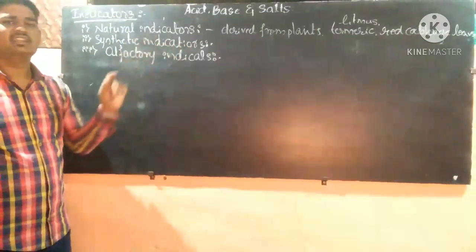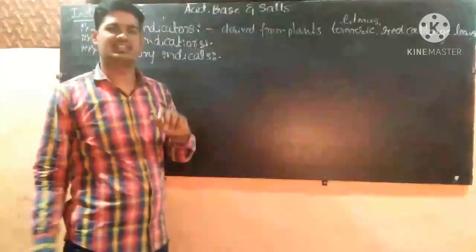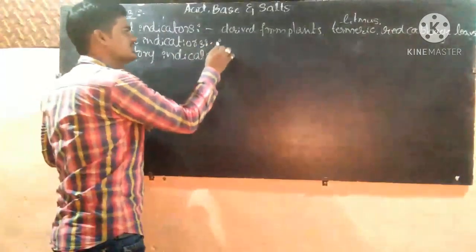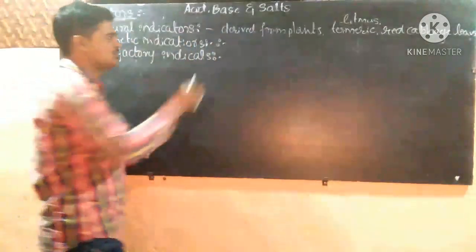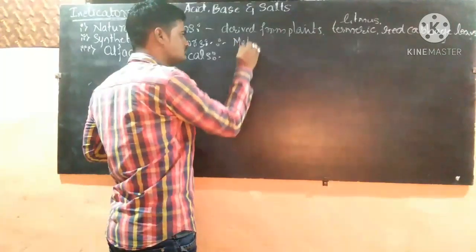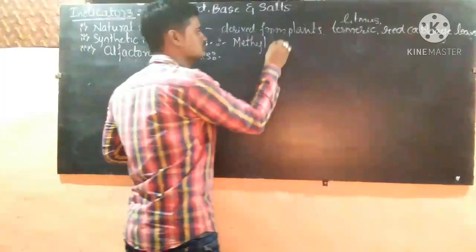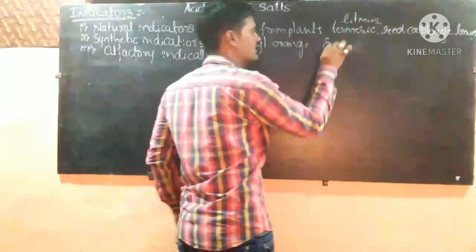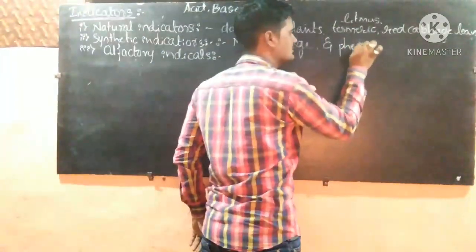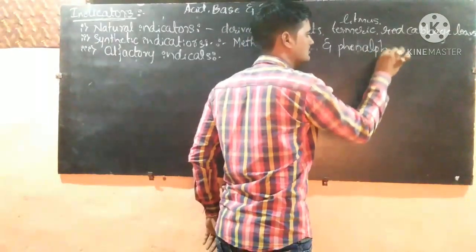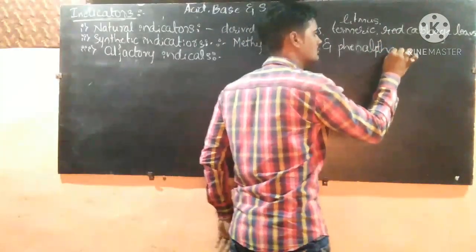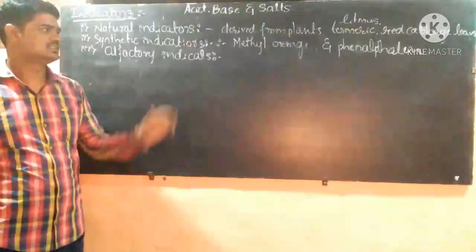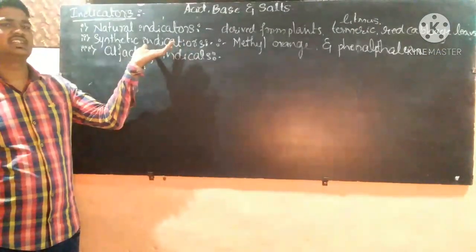Synthetic indicators are those which are prepared in laboratories by using chemical compounds. The examples of synthetic indicators are methyl orange and phenolphthalein indicator.